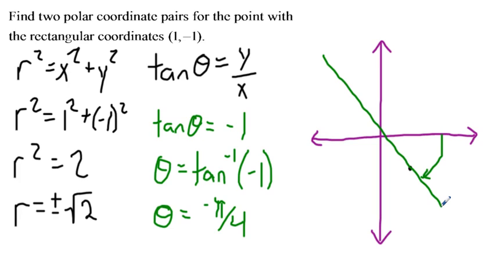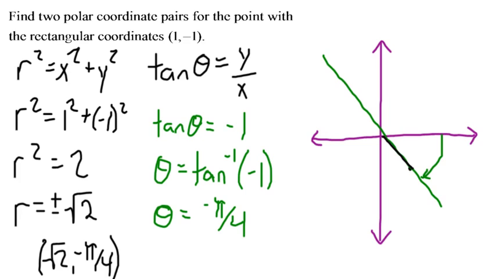So if we go negative π/4 and then a distance of radical 2, we would get to that point. So one of our polar coordinates is going to be (radical 2, negative π/4).